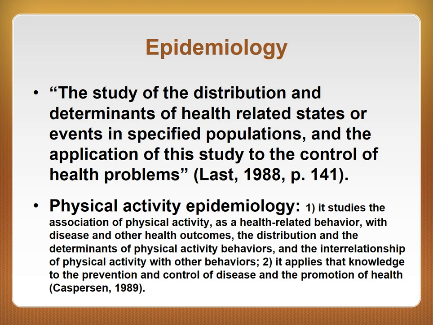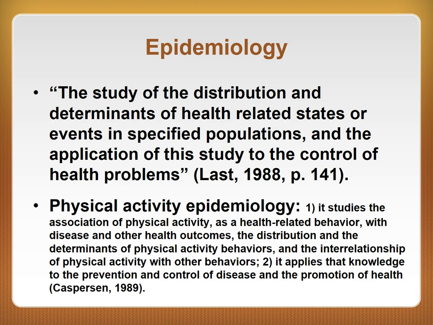The first part is that physical activity epidemiology studies the association of physical activity as a health-related behavior with disease and other health outcomes, the distributions of physical activity behavior, or the correlates and determinants of physical activity behavior, as well as the interrelationship of physical activity behavior with other behaviors, such as eating behavior.